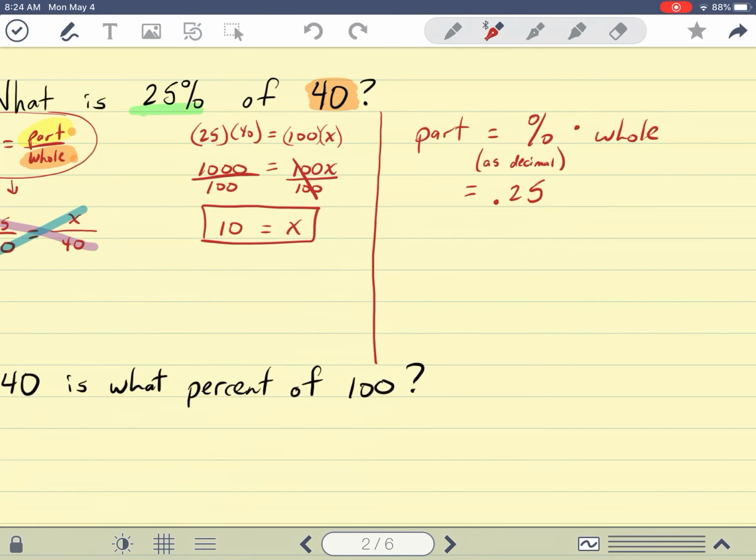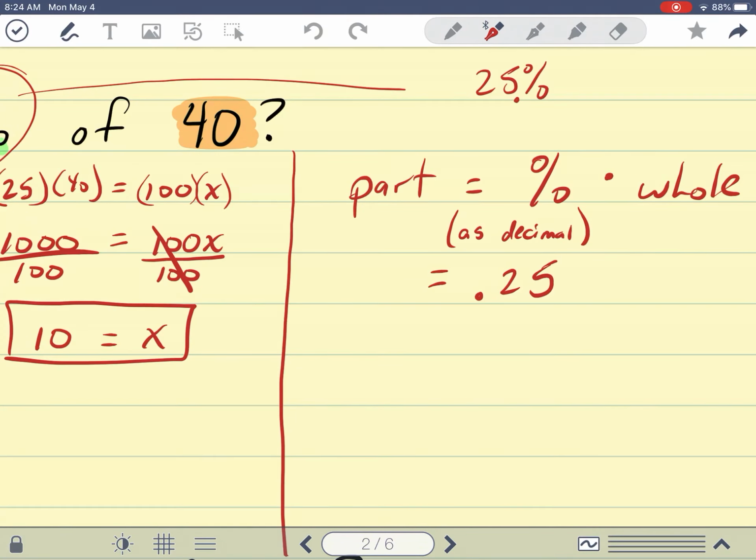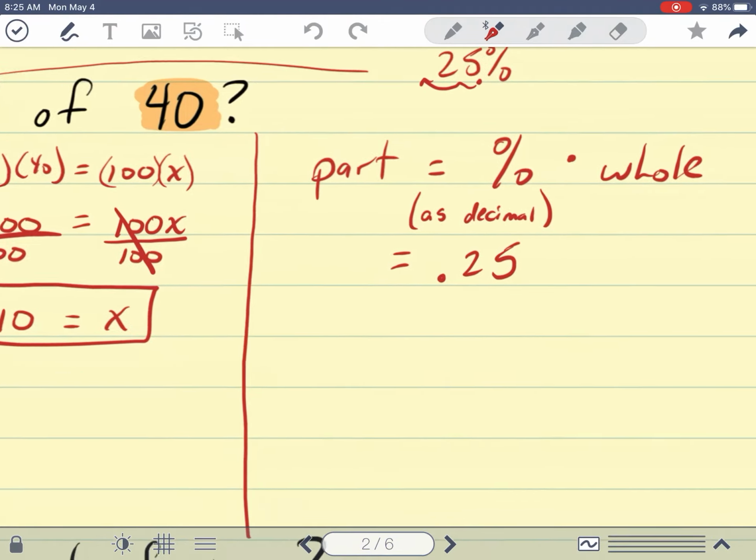Well, Mr. Gerald, how did you get that? Well, remember, when you have 25%, you move the decimal. Good. You move this over 2 places, and that's where you get the 0.25.